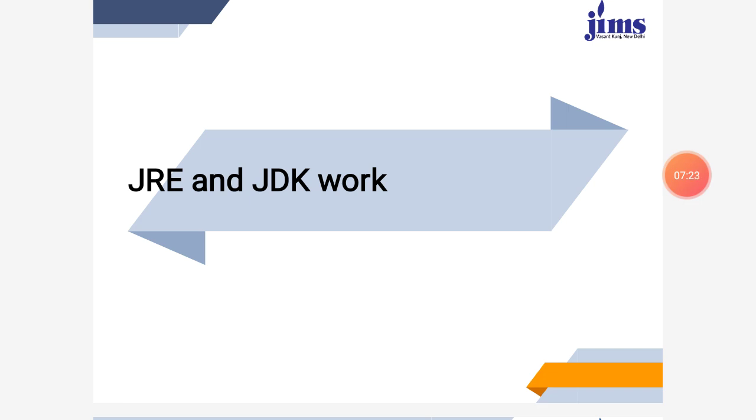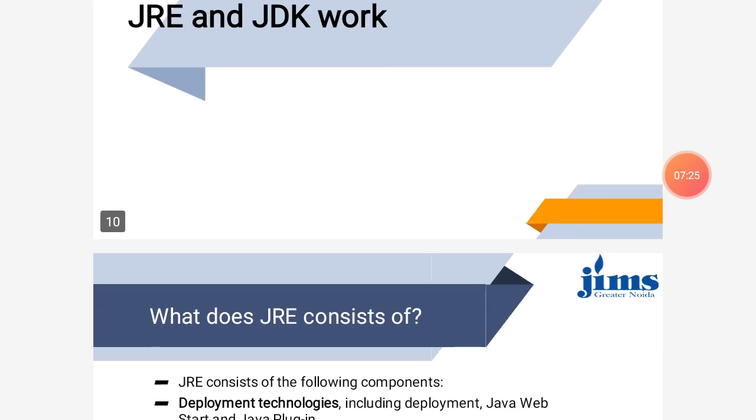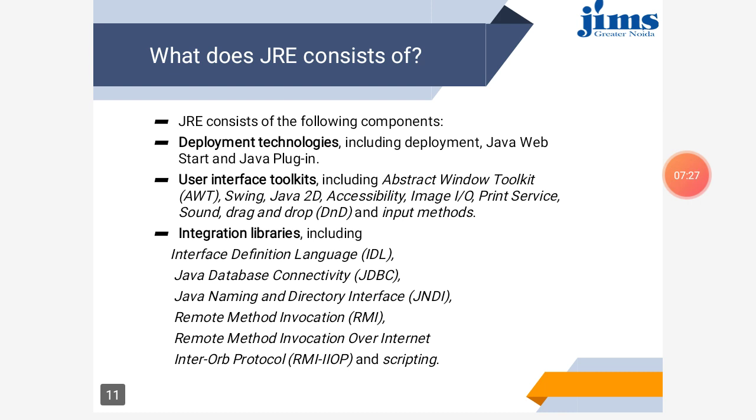So we will discuss how JRE and JDK work. To understand it deeply, we need to understand what JRE contains. JRE contains deployment technologies, which comprise Java Web Start and Java plugins. Plugins or Java Web Start are components that are used in running any bytecode.